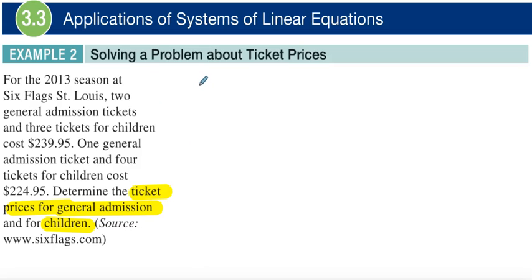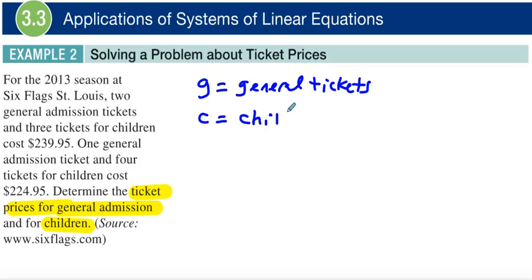So I'm going to let G equal general admission, so this is going to be my general tickets. And then I'm going to let C equal our children tickets. So we'll use C and G as our variables here that we want to solve for.